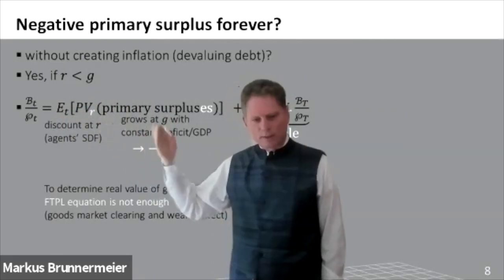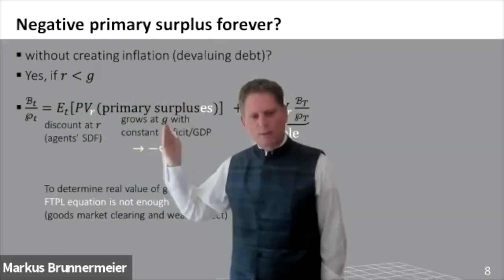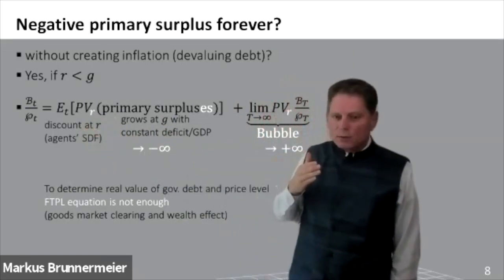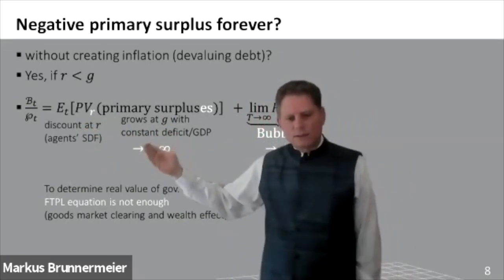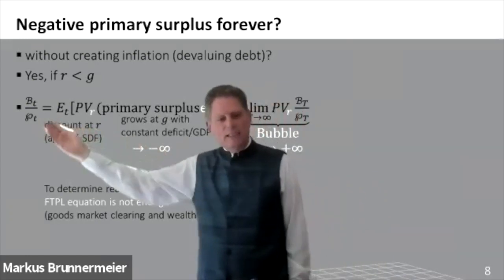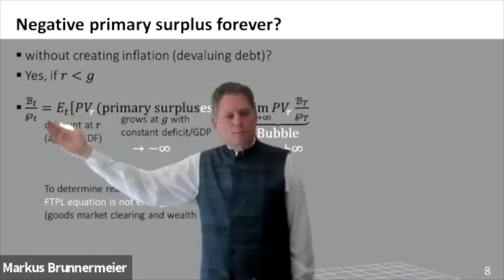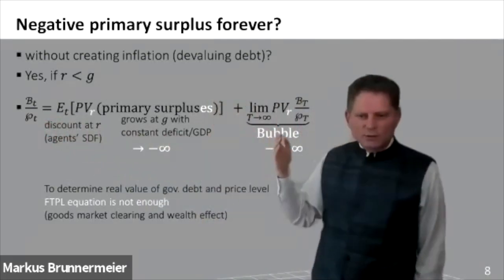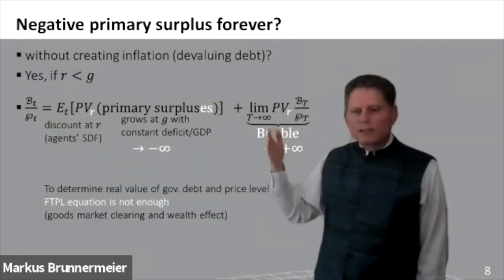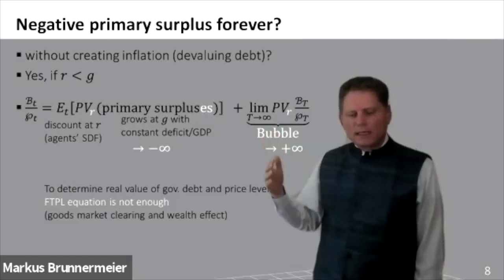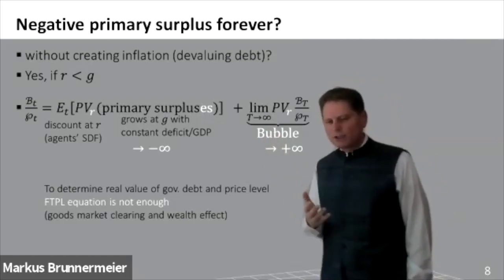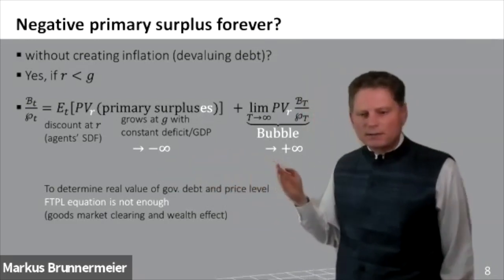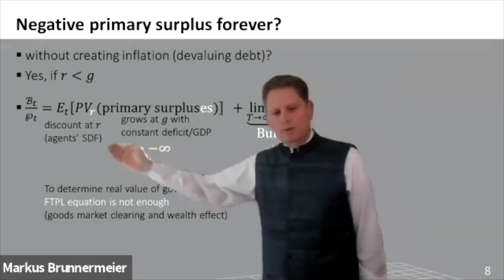So all these primary deficits, negative surpluses, grow at the rate of G, we discount at a smaller rate than the growth rate, and it becomes minus infinity. Now, given that the bubble value is positive, so the bond value is positive, it has to be that this bubble term is going to plus infinity. And indeed, when you write down a model, you can generate that this will be minus infinity and this will be plus infinity, and then you get a positive value.